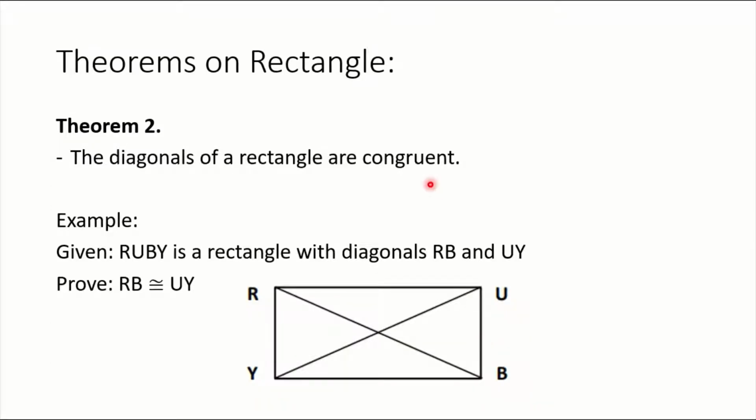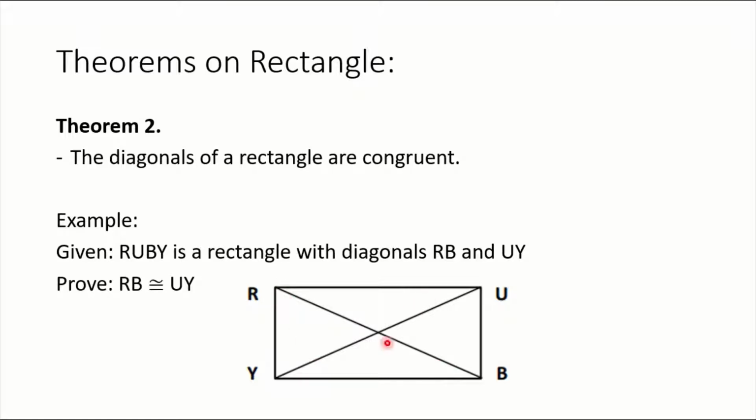So next, theorem number 2, the diagonals of a rectangle are congruent. So the diagonal naman daw po, itong guhit sa gitna, are congruent. Ibig sabihin, equal in measurement. Example tayo, same given, RUBY is a rectangle with diagonals RB and UY. So let's prove that RB is congruent to UY.